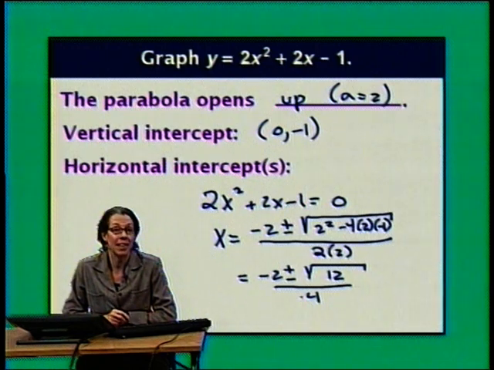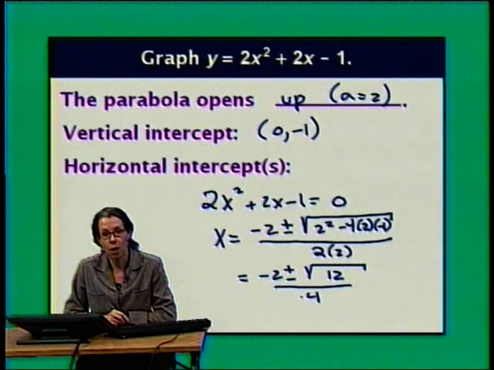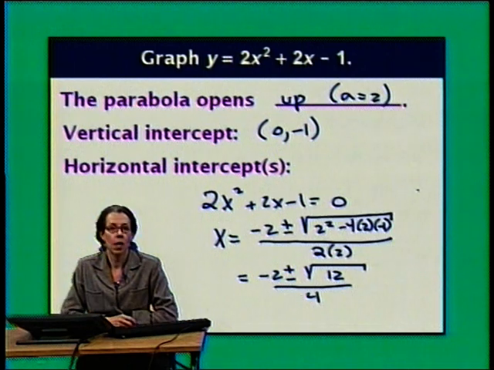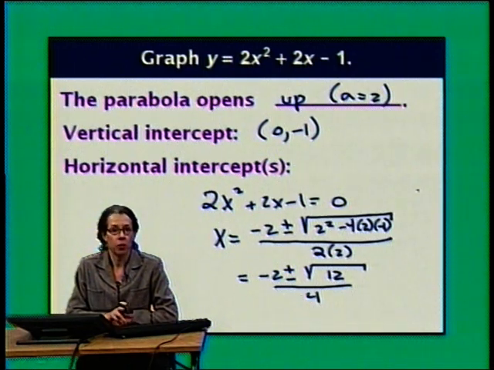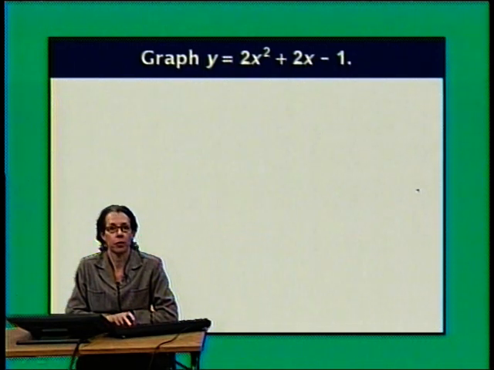I'm going to get irrational numbers for the x-coordinate of the horizontal intercepts. So the best I'm going to be able to do is kind of estimate where they are in my graph. But I definitely want a decimal approximation of these solutions to help me get a sense of where to plot them. So I've already calculated these, and we'll see those on our screen of our solutions.